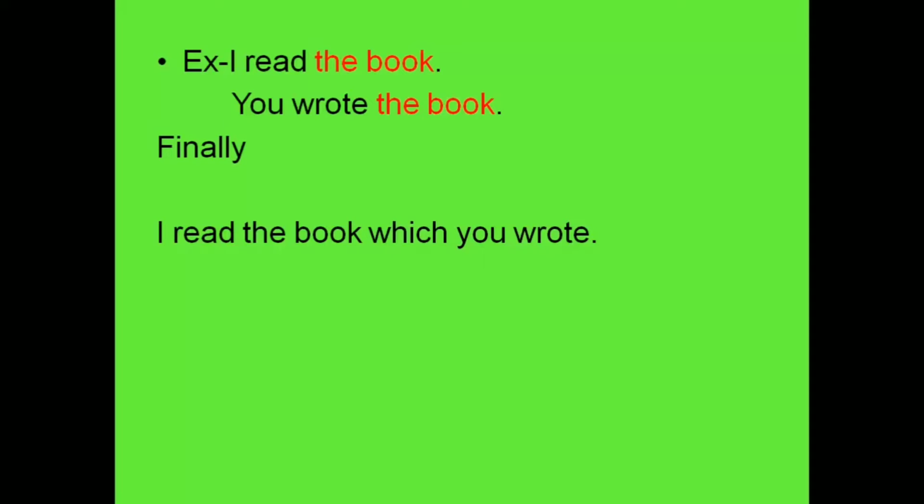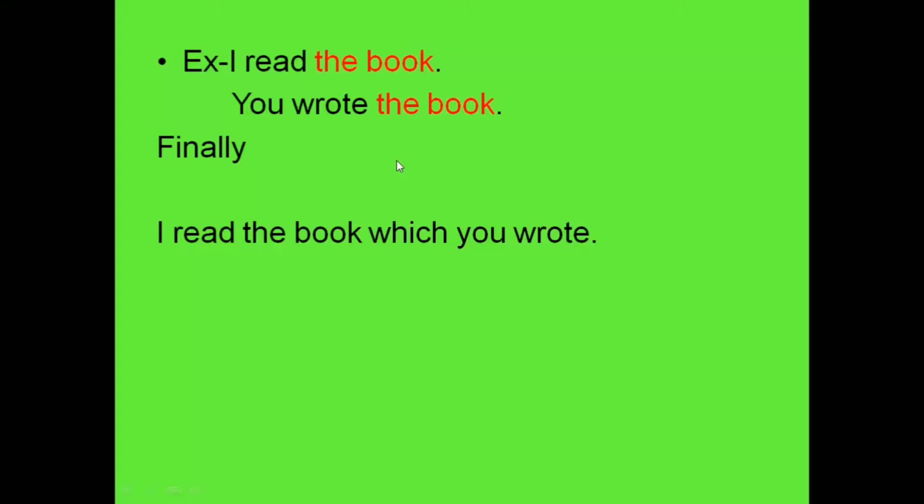It would be clear if we take an example. I read the book. You wrote the book. In these two sentences, the book is the identical noun phrase. We have to replace the noun phrase the book in the second sentence with which or that.